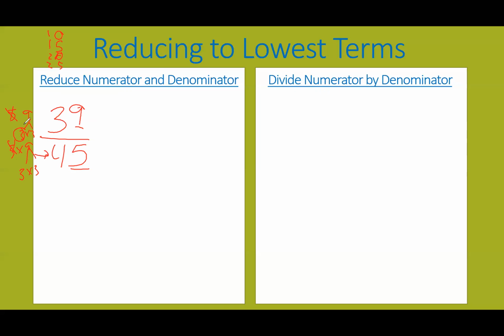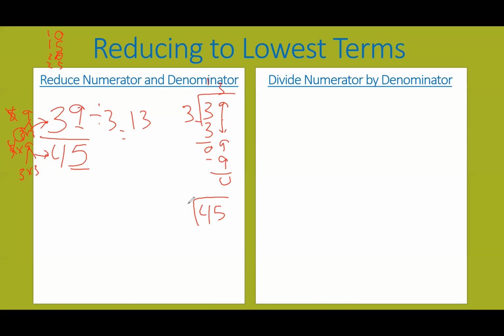Will 3 work here? 3 will work, won't it? 39 divided by 3. 1 times 3 is 3. And 3 times 3, bring down that 9. 3 times 3 is 9. 3 will work. If I divide this by 3, I get 13. Can I divide this by 3?